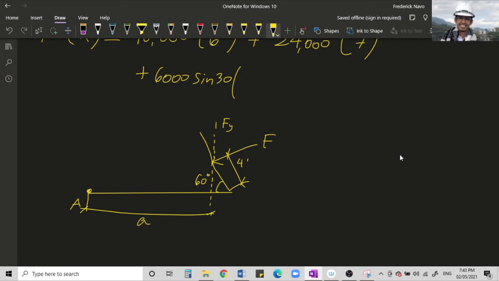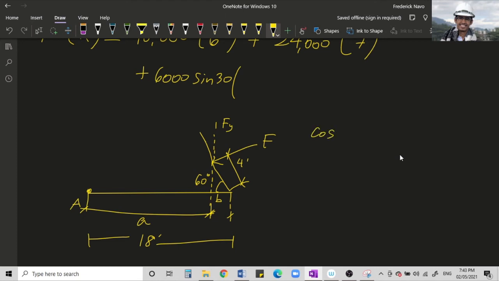Para makuha natin yan, kailangan natin makuha itong distance na to, and i-minus natin siya sa 18 feet na distance nung buong dam. Okay? So, let's call this B. So, given yung 60 degrees angle and given yung hypotenuse. Tama? So, we will use cosine.